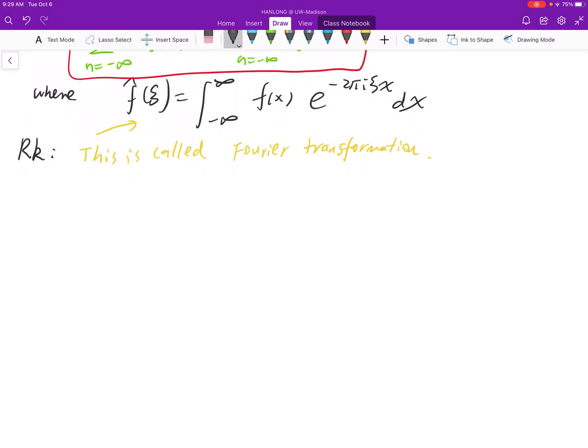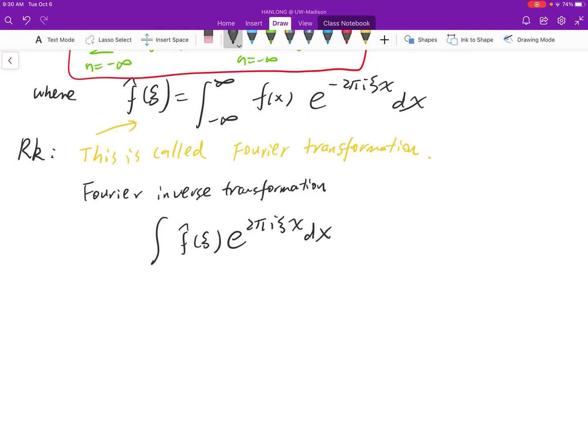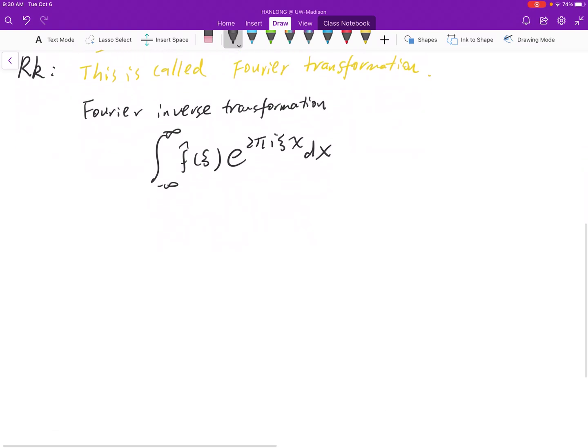Correspondingly, later on we will study the Fourier inverse transformation, which is given by the integral of f hat(ξ) exponential 2 pi i ξ x dξ, with the integral from negative infinity to infinity. Later on we will prove that under certain conditions this is f(x). That's called the Fourier Inversion Theorem.